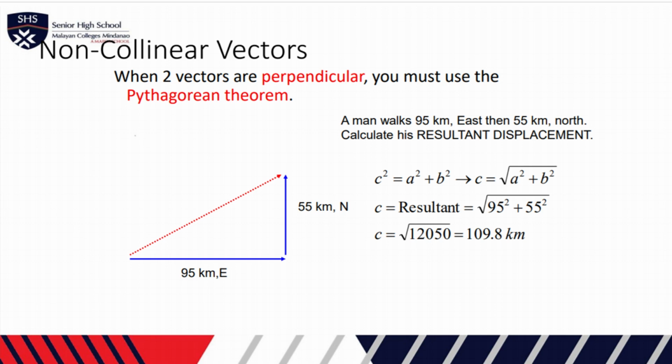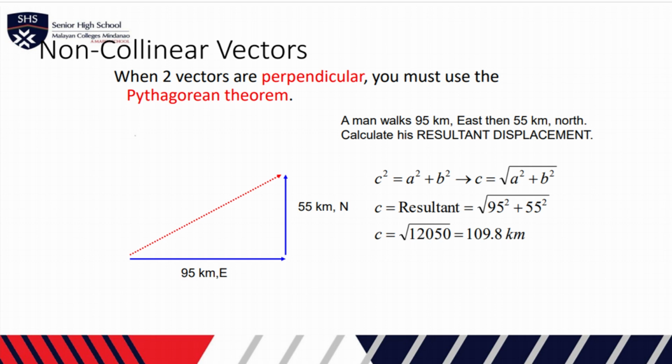Or you could also express it as c is equal to the square root of a squared plus b squared. Now we know that the longest arrow or the longest line pertains to the hypotenuse in this case. And the hypotenuse is expressed as c, which is also our resultant displacement.